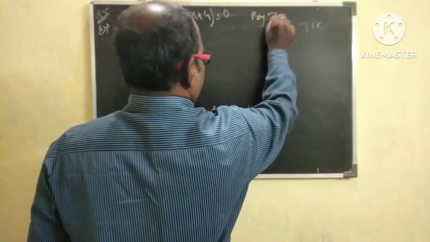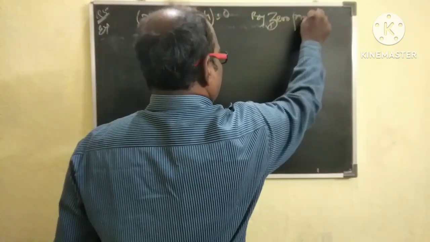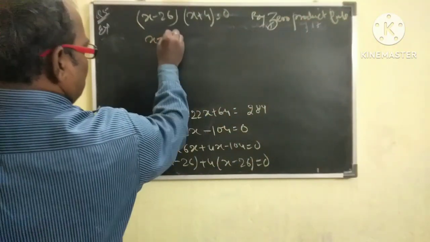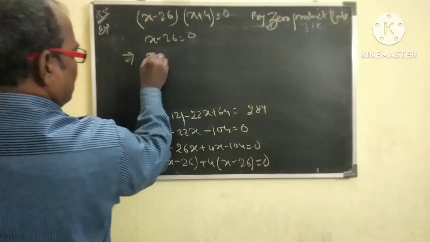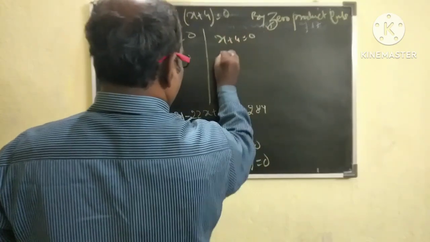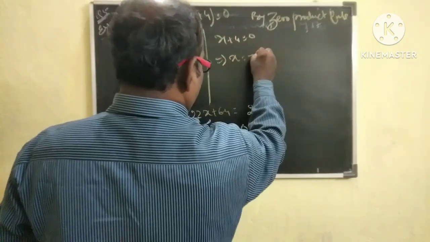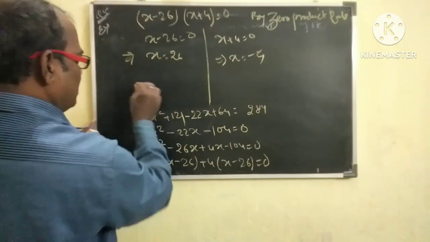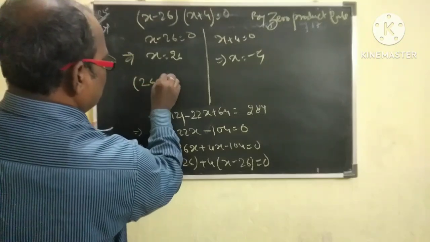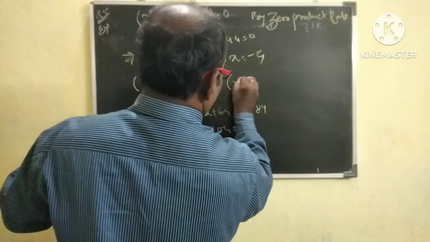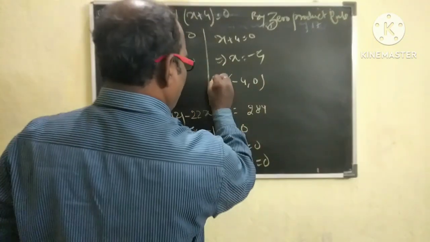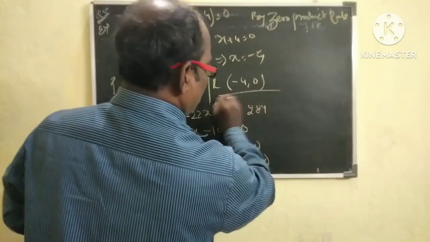So by the zero product rule, x minus 26 equals to 0 implies x equals to 26, and x plus 4 equals to 0 implies x equals to minus 4. So there are the 2 points: number 1, 26 comma 0 and here minus 4 comma 0. So one of the points is P and let the other be the point R. So we have 2 points on the x-axis.